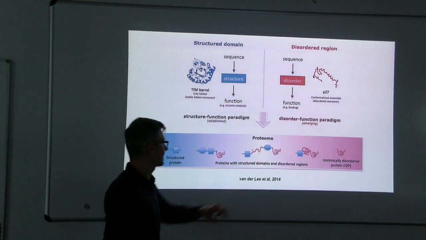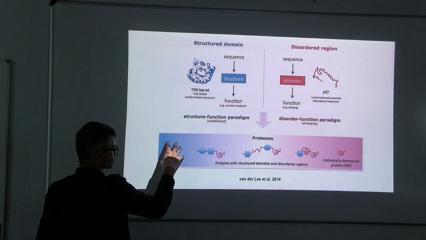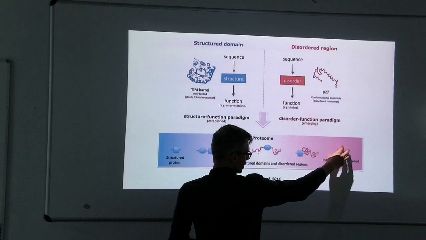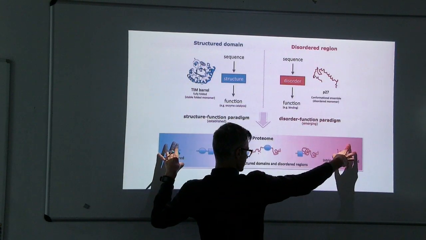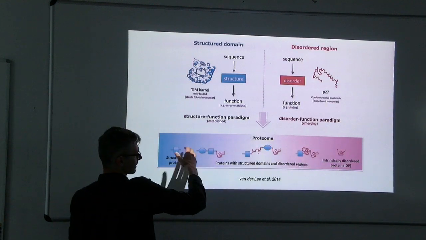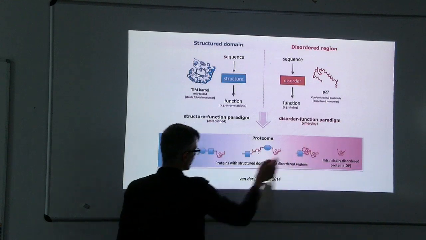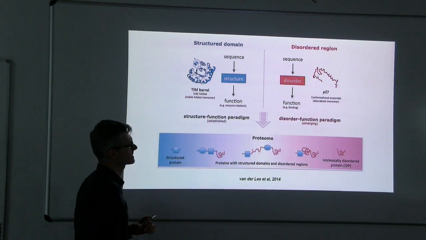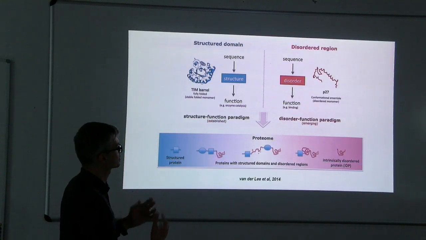Shown here in this publication of 2014, I like this figure, you have a fully structured protein and a fully disordered, unstructured protein. So these are, let's say, the two extremes, and then you have proteins in between, that are largely unstructured or largely structured, or half-half is also possible. So different degrees of structure and unstructure.